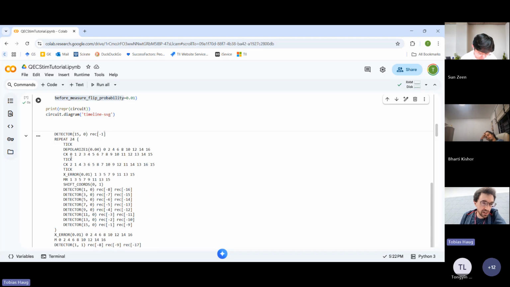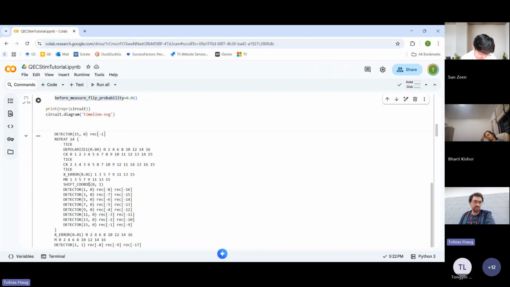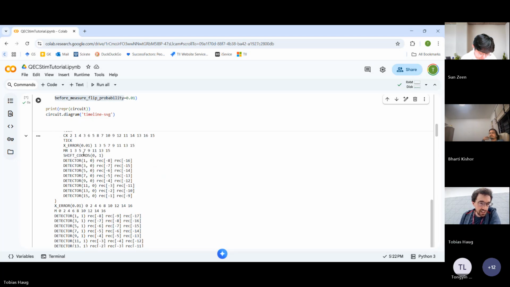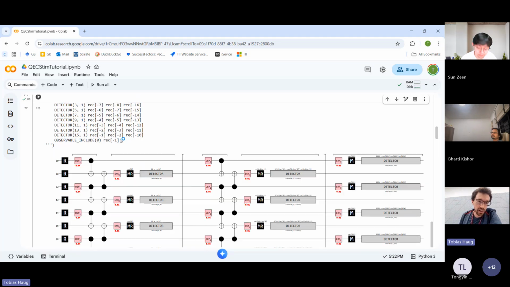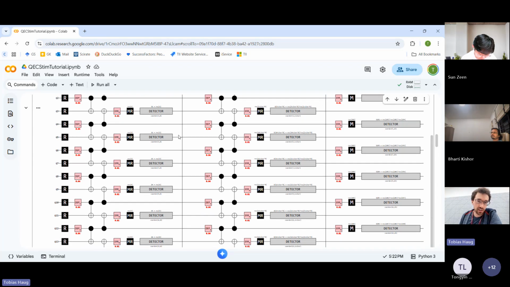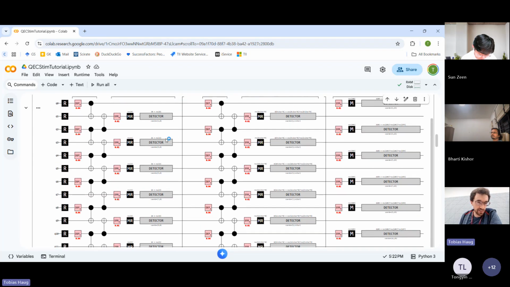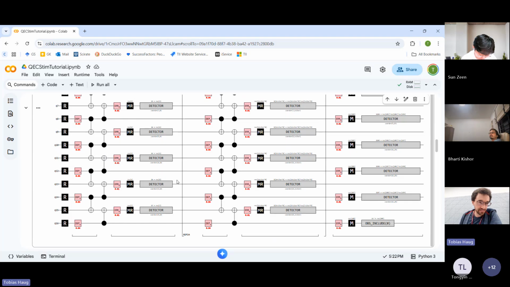It also has a program feature where you can repeat operations, like if you want to do measurements many times, it does that for you. In the end, it writes out everything in a human-readable format that characterizes your code. This represents a repetition code. It also has a nice feature of drawing out the actual code, so the physical operations you need to run your code are written out in terms of gate operations and measurement operations in this nice form here.